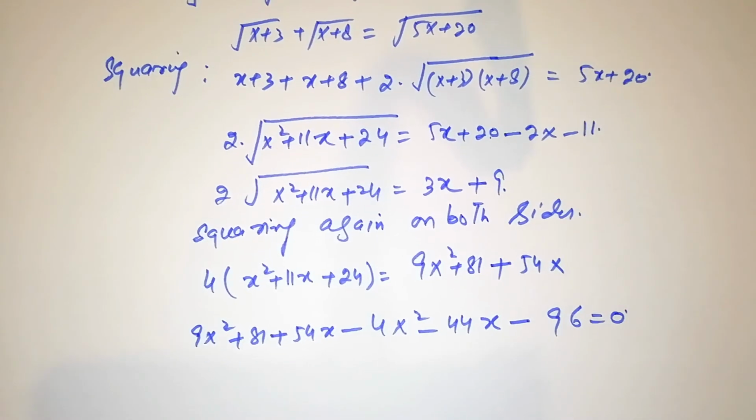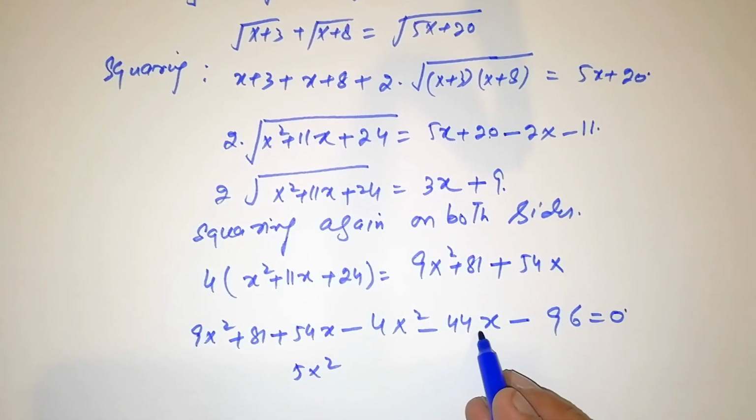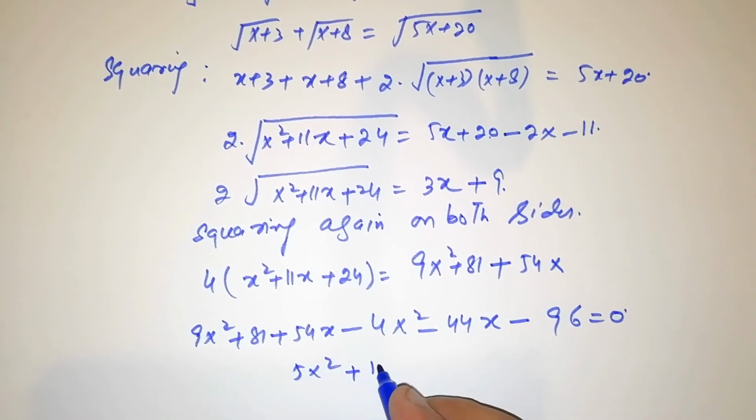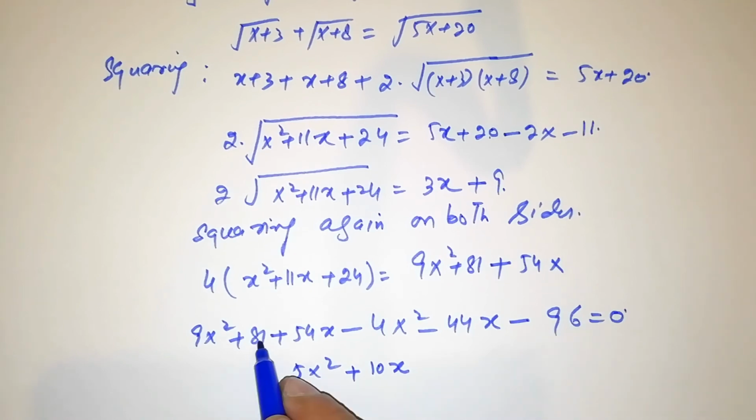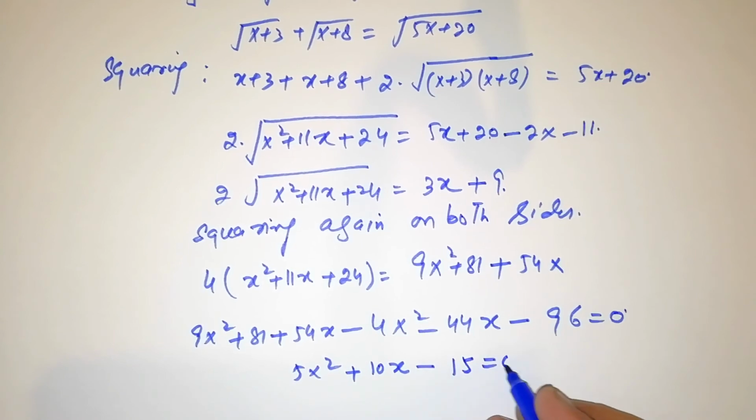If we simplify this term, that is 5x² − 44x + 54x, that is plus 10x, and −96 + 81, that is −15, this is equal to 0.